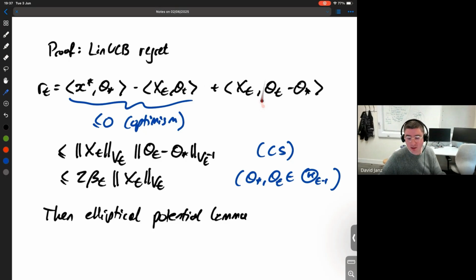And that's then easy to control. We know the distance between these with respect to the design matrix. This is just how our confidence set is constructed. And we use that both theta_t and theta star are in the confidence set. This is the very standard LinUCB proof. And we add the elliptical potential lemma to sum things up.